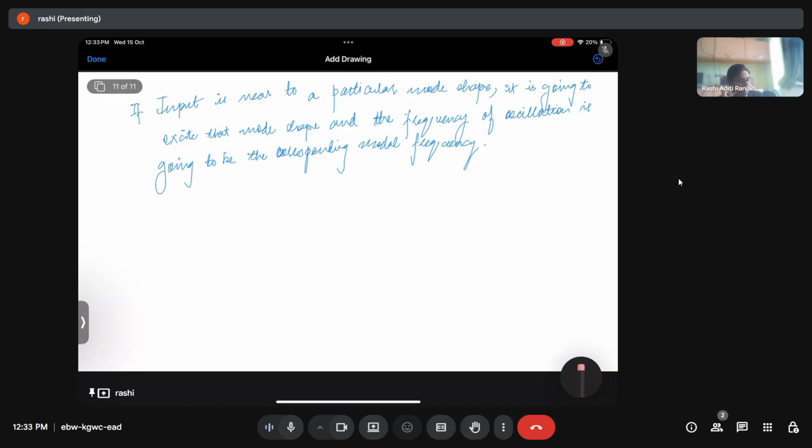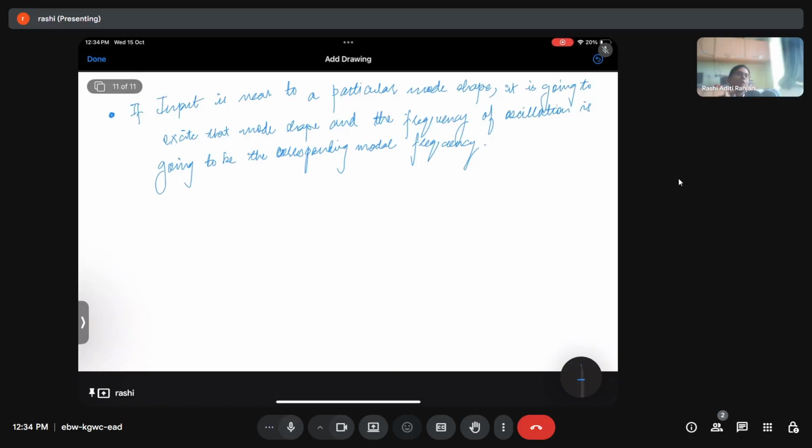Okay, I hope it is clear. It is going to be the corresponding modal frequency. Okay, I hope it is clear.